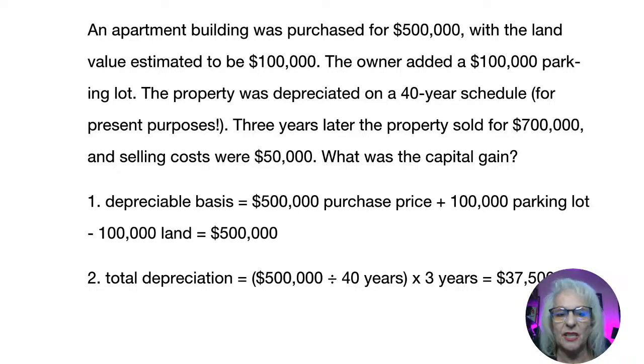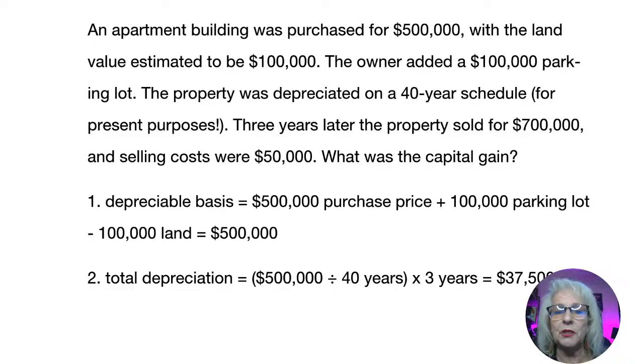So the cost of sale was $50,000, right? Commission, closing costs, title costs, any repairs, whatever was done. What was the capital gain? So how much profit did they gain in how many years? 3 years, while it depreciates 1/40th every year.